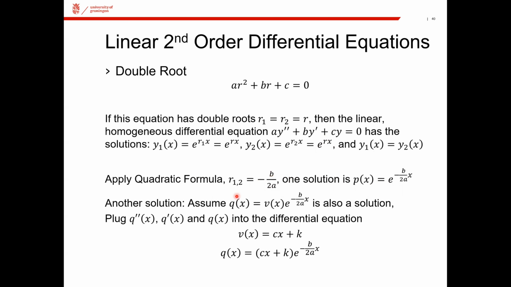And for another solution, we just assume q(x) equals v(x) times e to the power of minus b divided by 2a times x. It's also a solution. So basically q(x) equals p(x) times v(x). And then we plug q''(x), q'(x) and q(x) into the differential equation.